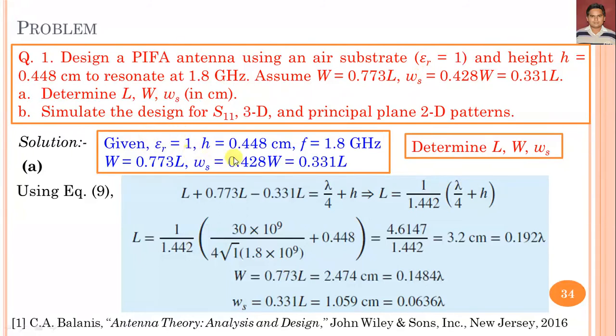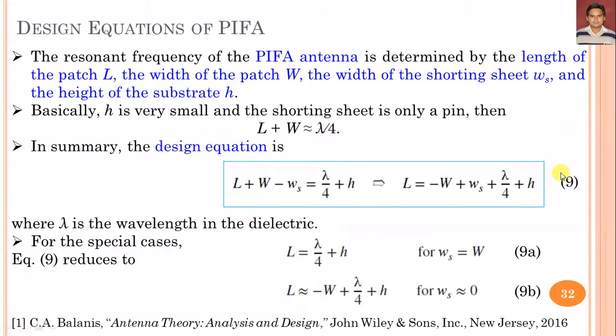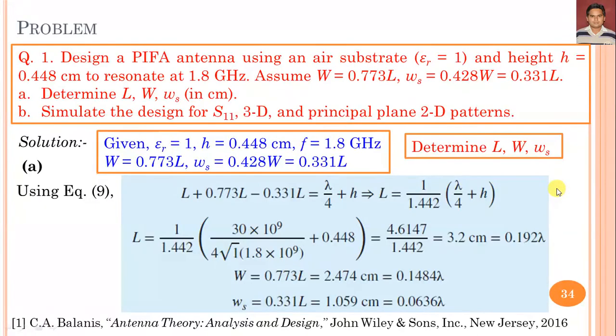Epsilon r is given, h is also given, the frequency of operation is given, w is given, ws is given, and we need to calculate L and ws. We can easily calculate these by considering equation 9, which is a very important equation through which we can calculate these parameters. And here you can see we have calculated in terms of lambda.